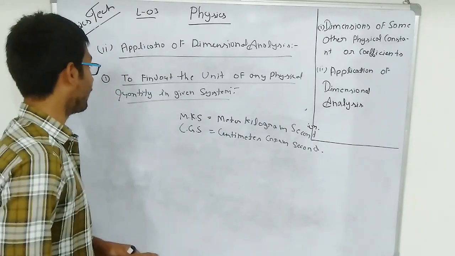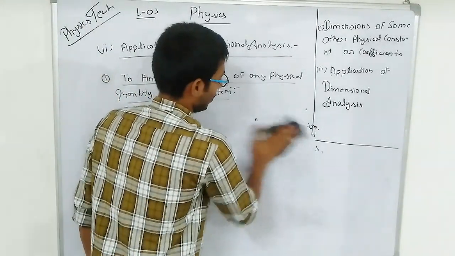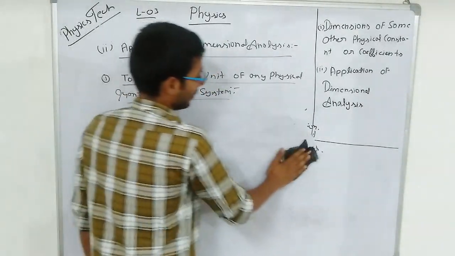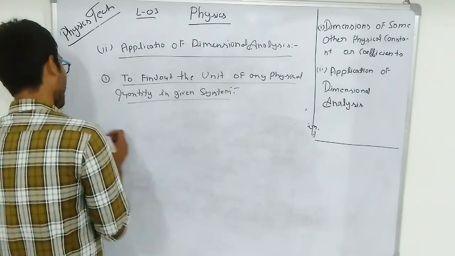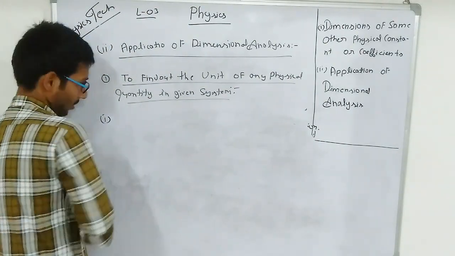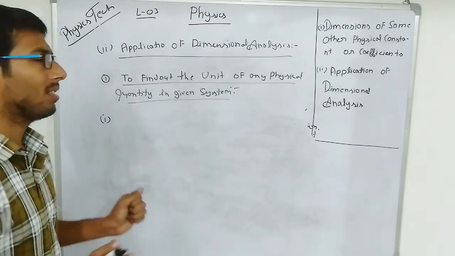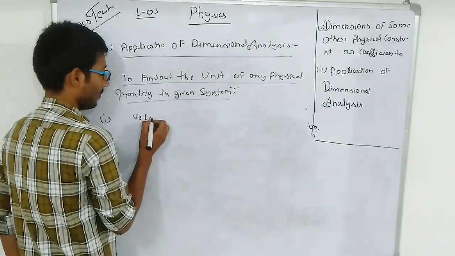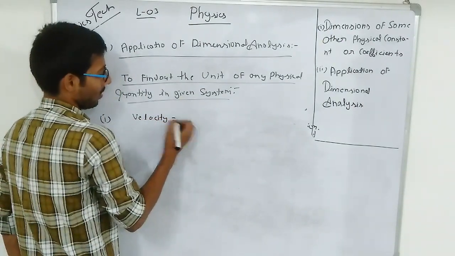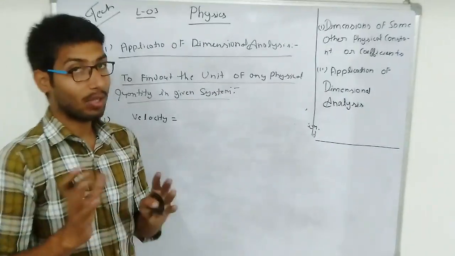Let's take some examples to understand this statement. Number first, velocity. We know that velocity is equal to displacement upon time.